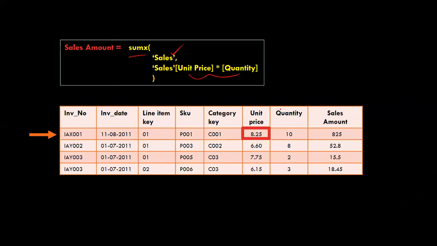Not only SUMX, we have MINX, MAXX, AVERAGEX, and so on. In all these cases, the iterator function goes one row at a time to complete a calculation or perform a computation specified in the second parameter.